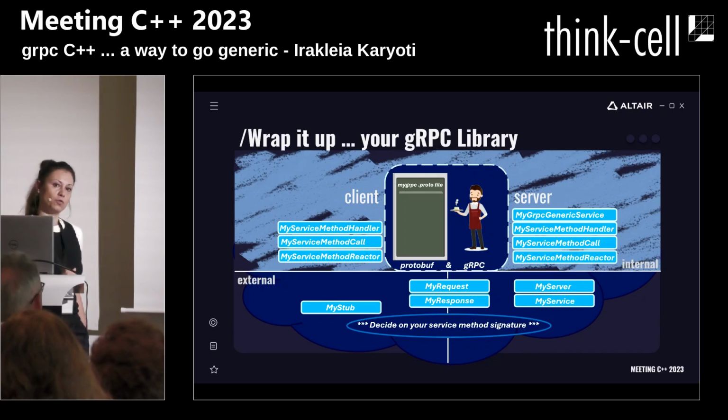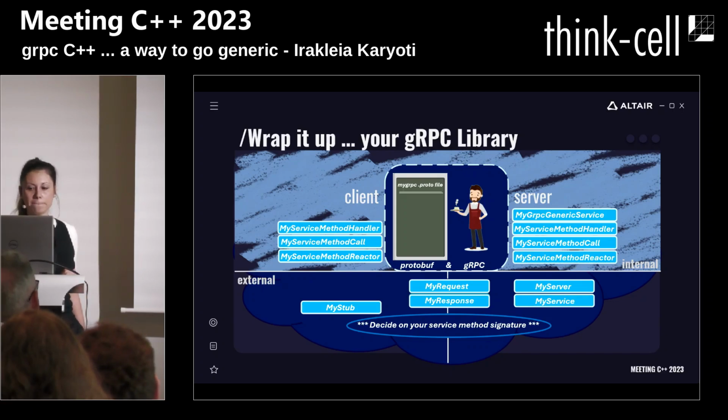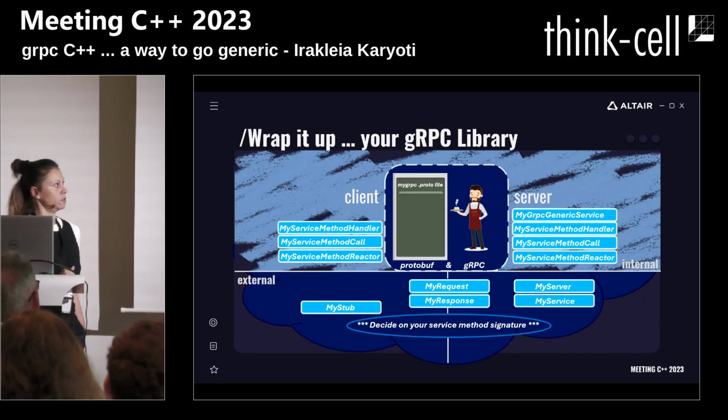The same goes for the other side, the client. So again, we're going to have a reactor, a handler for the methods, and a method call for each RPC initiated by the client, without, of course, mygrpc generic service, which is only the implementation on the server side. And this is all internal. Nothing is exposed from these components.